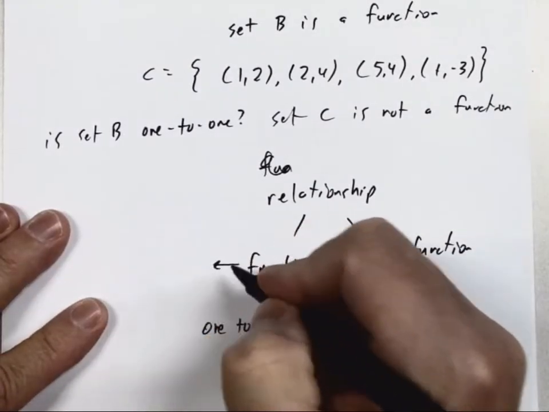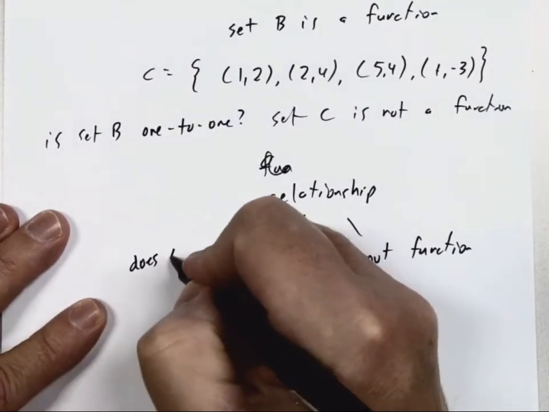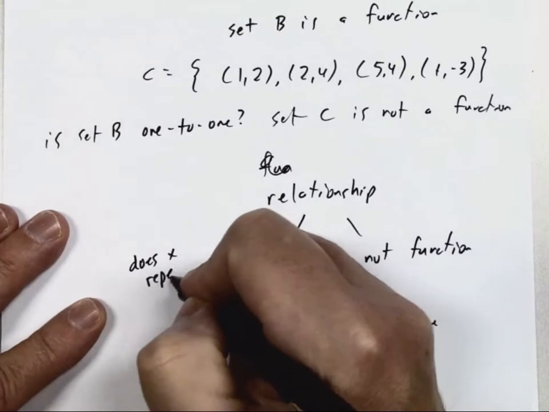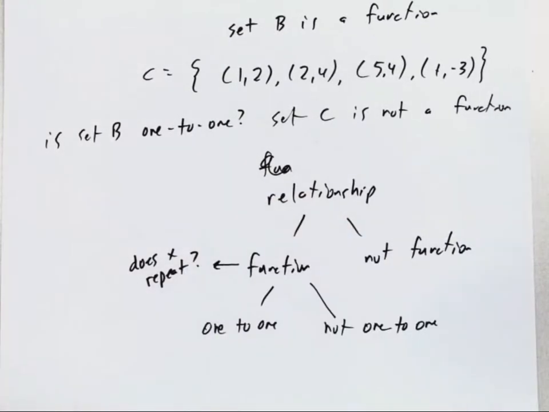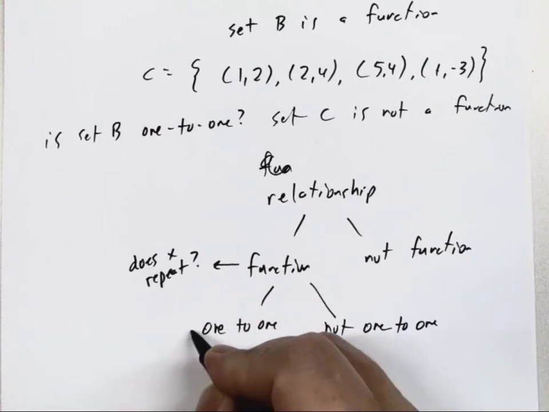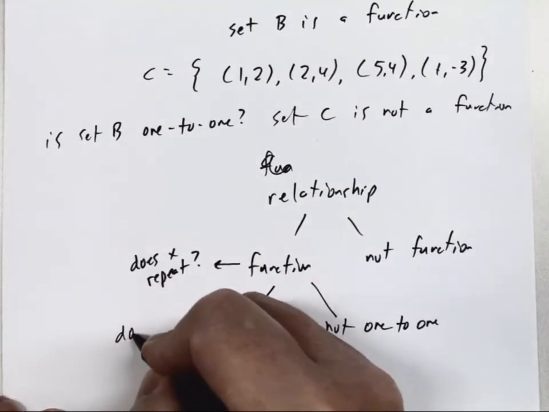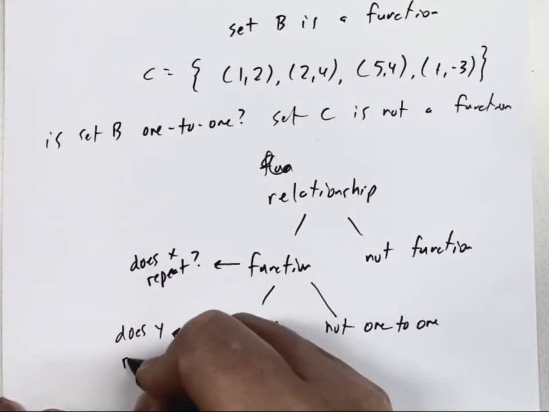When you check for a function, the question you ask, does x repeat? Right? And we said, if x does not repeat, you have a function. If it repeats, it's not a function. Now if it's a function, the x's don't repeat, you go to the next step, you say, okay, is it a one-to-one function? The question we ask then is, does y repeat?